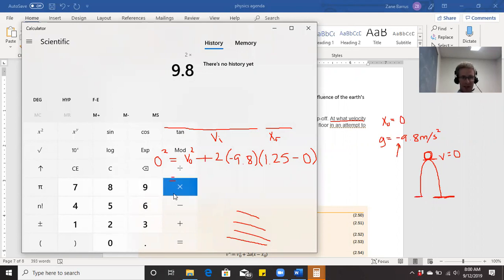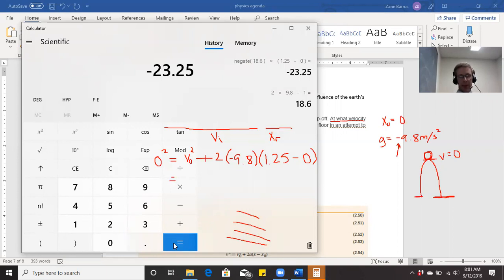And because that's negative, let's times it by -1 as well. There's my negative button. And then I'm going to times that by, in parentheses, 1.25 minus 0, which doesn't really change it. Okay.